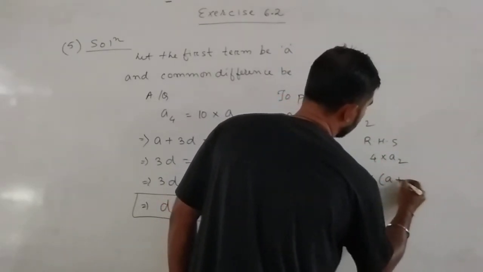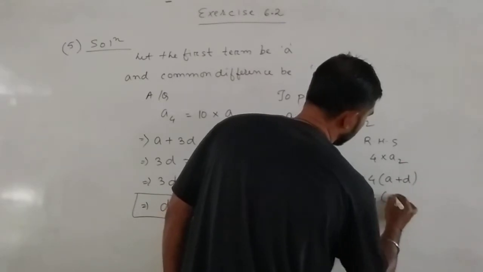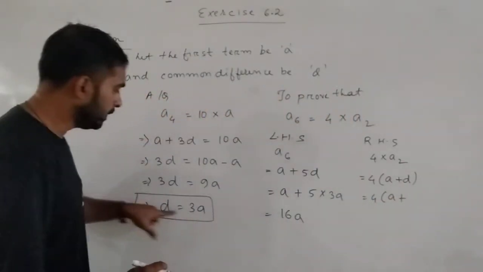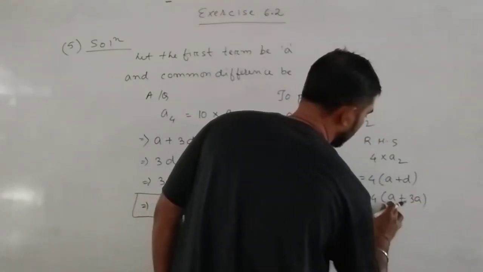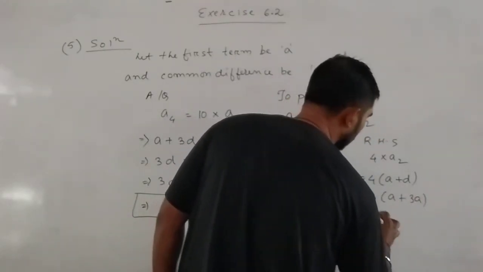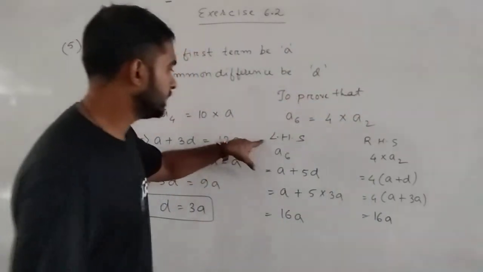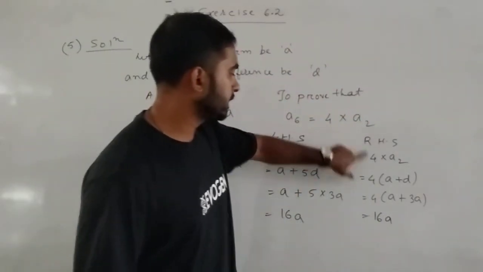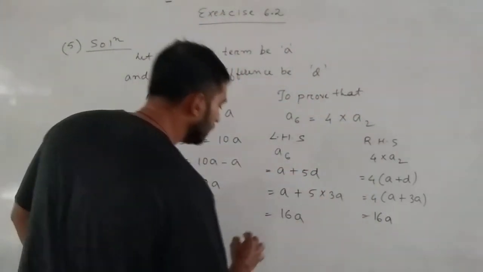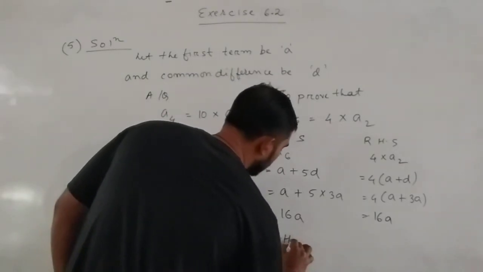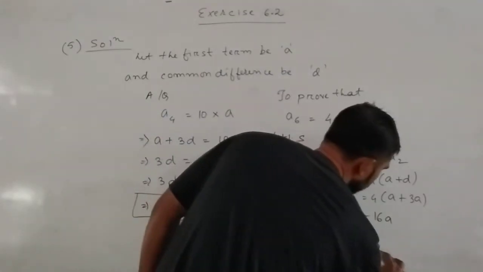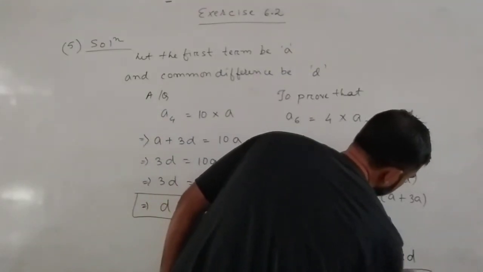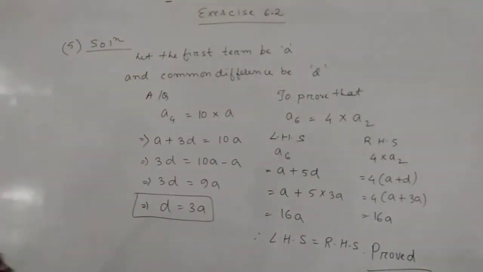A2 means A plus D, with D as thrice A. So A plus thrice A, 4A. 4 into 4A, 16A. So left hand side equals 16A and right hand side equals 16A. Both are equal. Therefore, left hand side equals right hand side. Good.